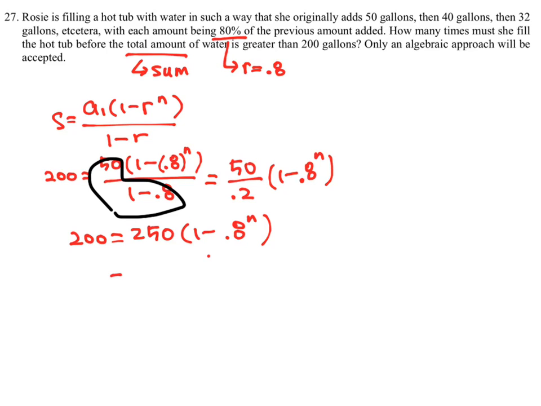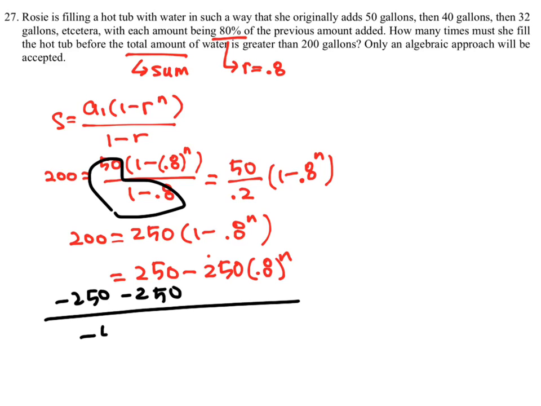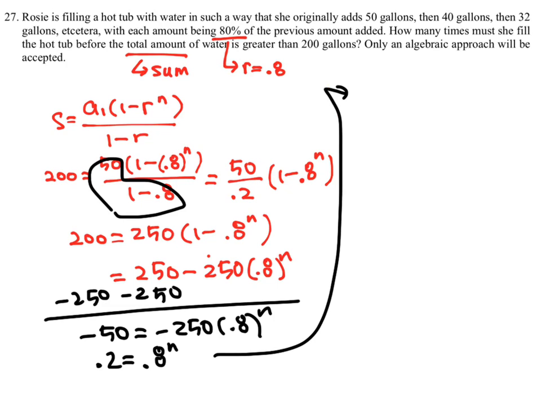Now 250 is being distributed, then that's what we end up getting. So when we subtract 250 from both sides, we get negative 50, which is equal to negative 250 times 0.8 to the nth power. So when I divide both sides by 250, then we get 0.2. So 0.2 equals 0.8 to the nth power.